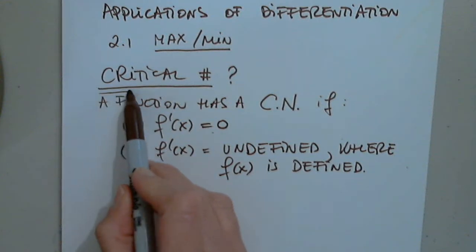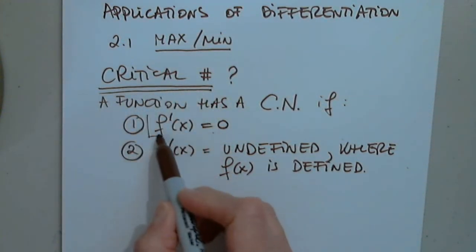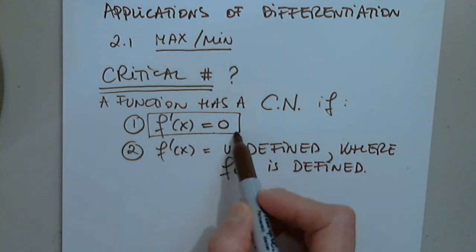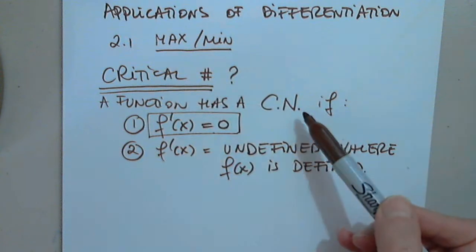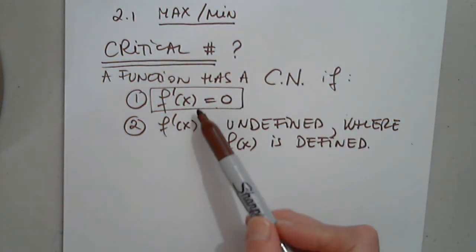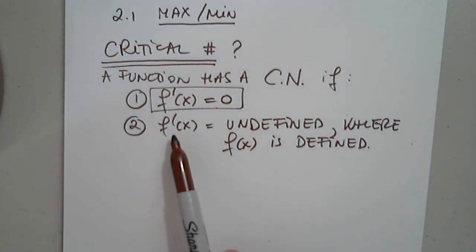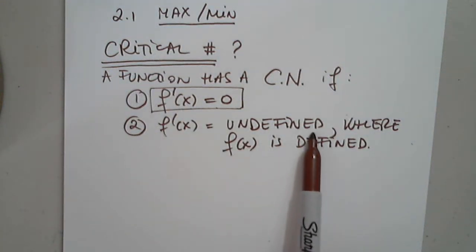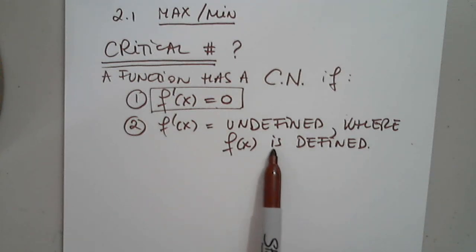So a function has a critical number if this equation has solutions. It may not have. If it doesn't have solutions, then the function doesn't have critical numbers. And both can happen at the same time for a function, if the derivative is undefined at a particular value of x where the function is defined.